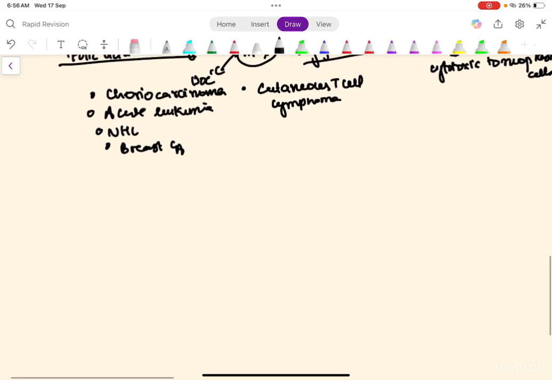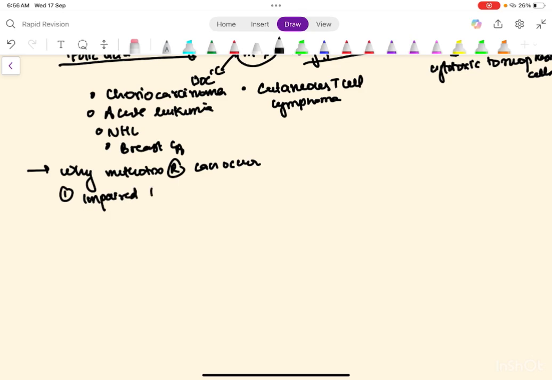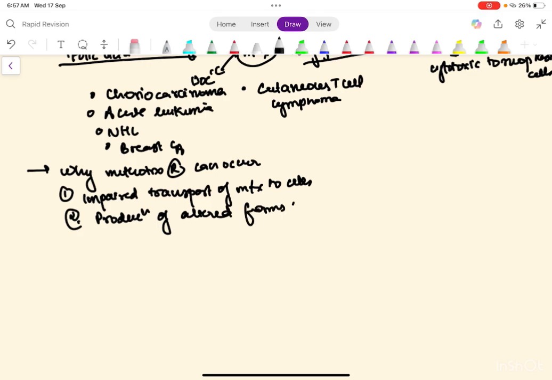Now there are a number of reasons why methotrexate resistance can occur. First is impaired transport of methotrexate into cells, then production of altered forms of DHFR, which decreases the affinity.